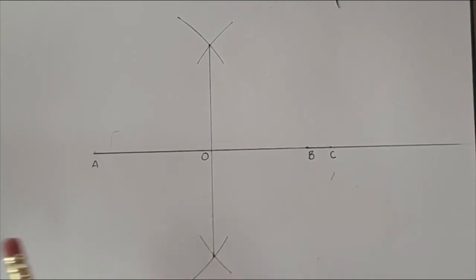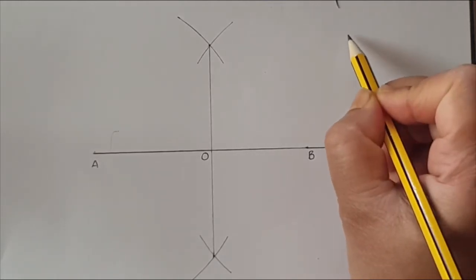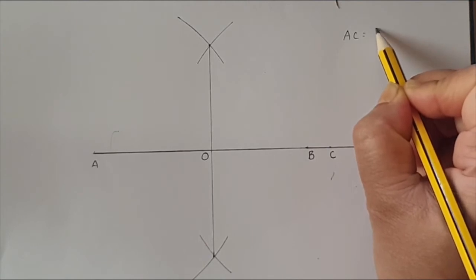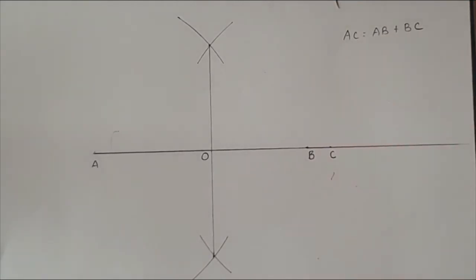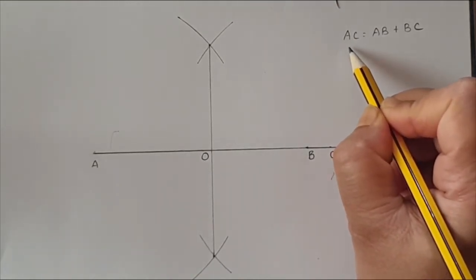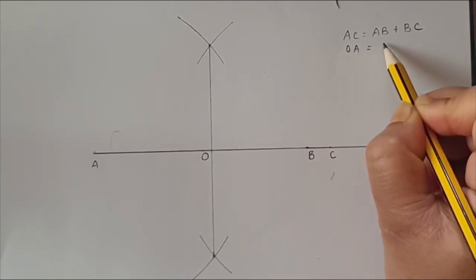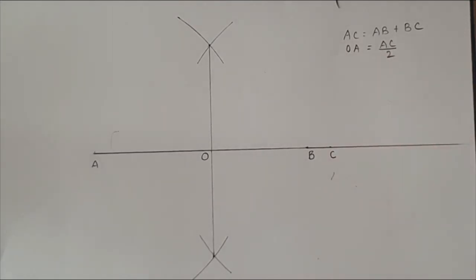So AC is equal to AB plus BC. Am I correct? Yes. So OA is equal to AC by 2, isn't it?